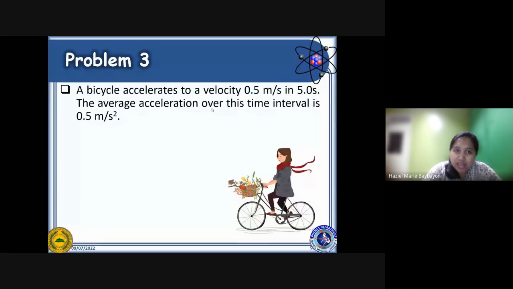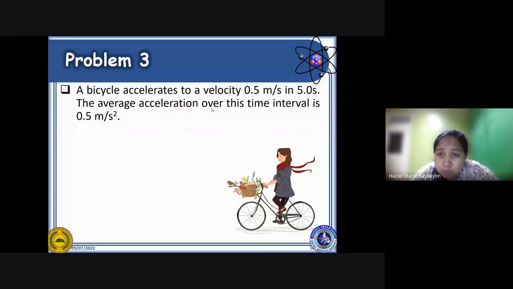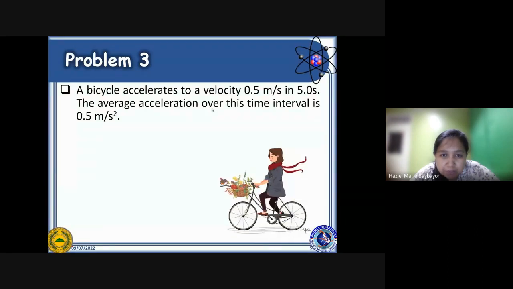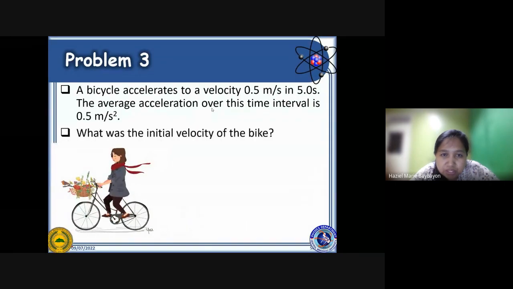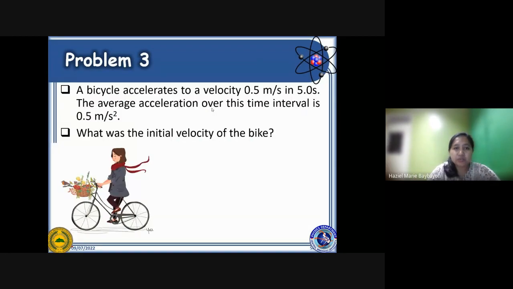A bicycle accelerates to a velocity of 0.5 meters per second in 5 seconds. The average acceleration over this time interval is 0.5 meters per second squared. Okay, so what was the initial velocity of the bike? So we are asked to find the initial velocity of the bike.